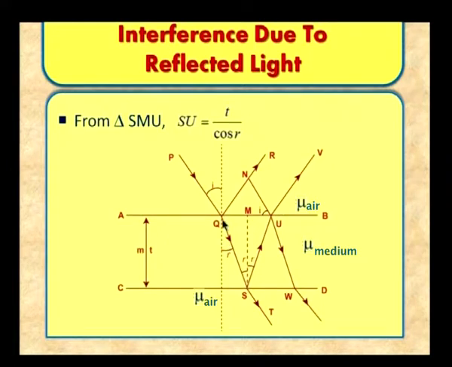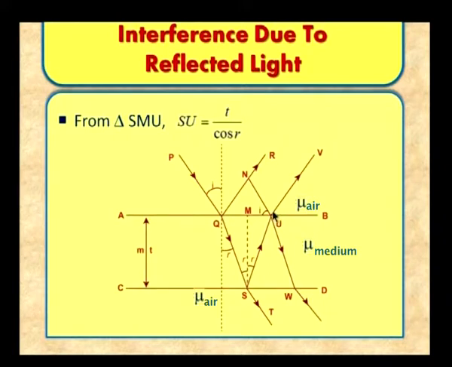Similarly, we have to know QS also. Why should you know QS? Because one of the light rays is reflected in this direction, while the other light ray goes through a distance QS plus SU and comes here. From this point you draw a perpendicular to this light ray. By the time the first light ray comes to N, the other ray has travelled QS plus SU.